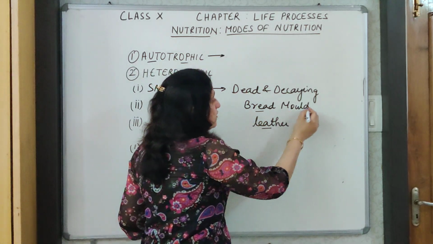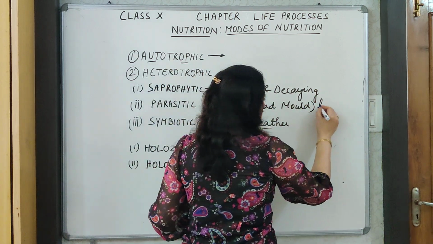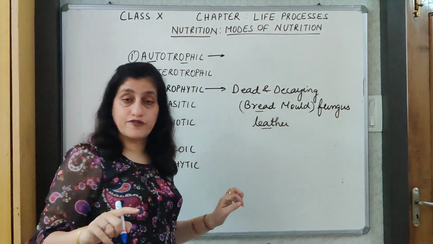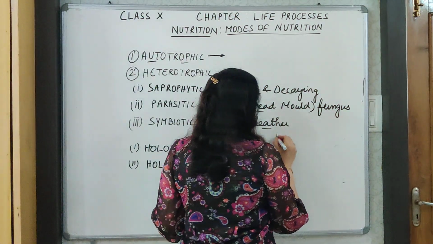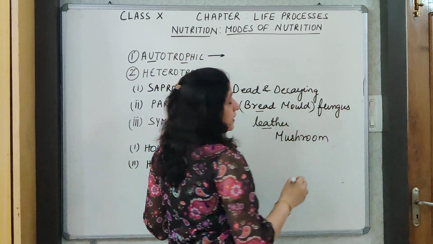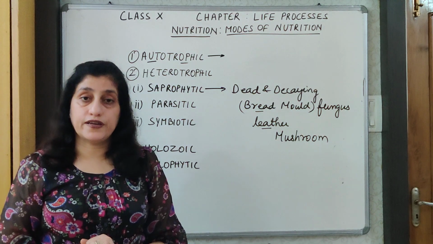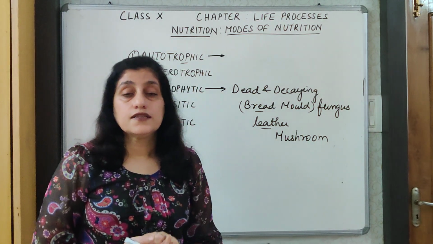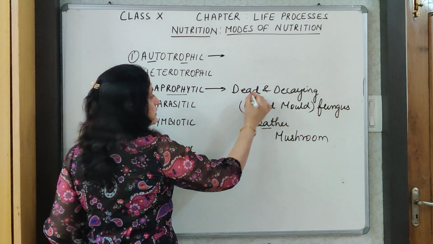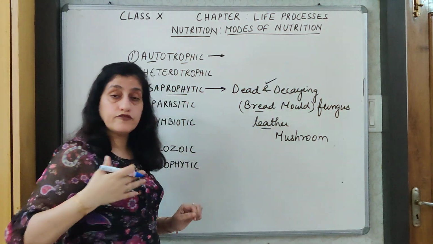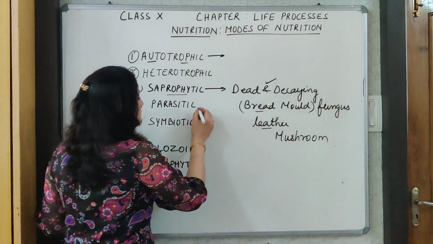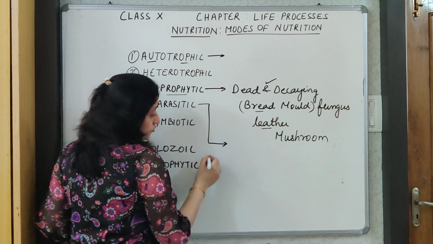Therefore, bread mold is the fungus and is feeding on dead and decaying matter. Therefore, it is a saprophyte. Another fungus, mushroom. Mushroom also grows on dead and decaying matter, hence is a saprophyte. Then there are saprophytic bacteria. These are the organisms which come under the saprophytic mode of nutrition, feeding on dead and decaying matter.